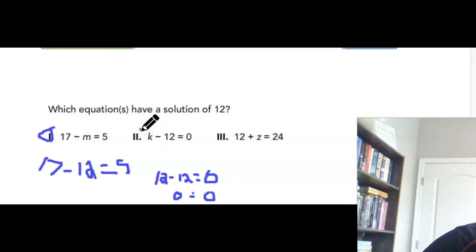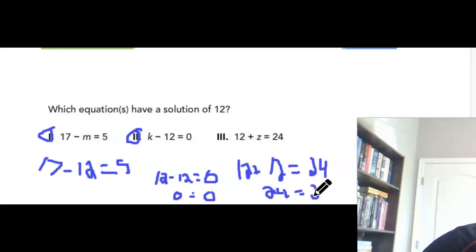Number 2 is a true equation. And then the third one, 12 plus 12 equals 24. 12 plus 12 is 24, which is equal to 24. So a true equation. All three of these should be true equations.